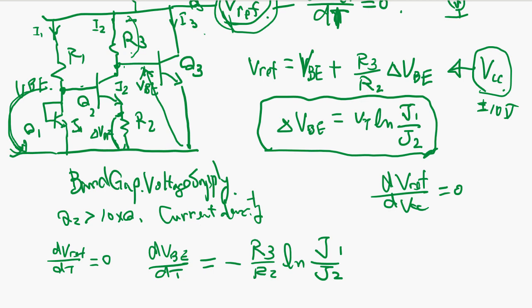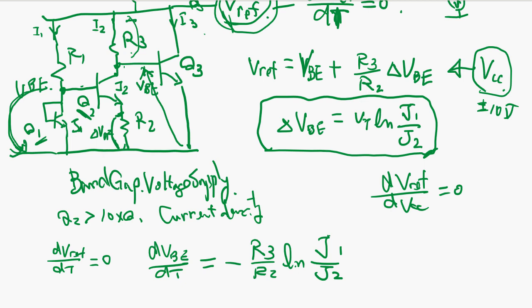Now, J1 and J2: they said this Q2 is 10 times larger, say n times larger, right?